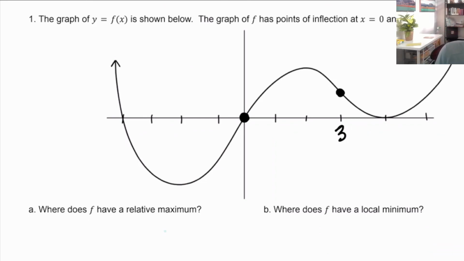Okay, relative maximum, that's where the function goes from increasing to decreasing. But I think you already know that's what I'm talking about right there, the top of a little local maximum. All right, so that's x equals 2. Okay, where does f have a local minimum, or x value?